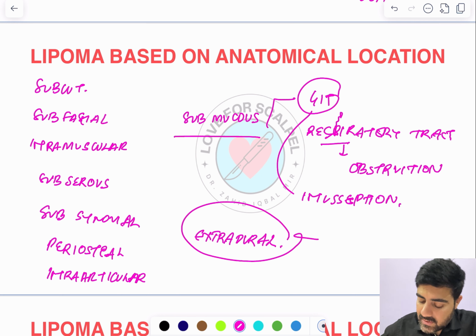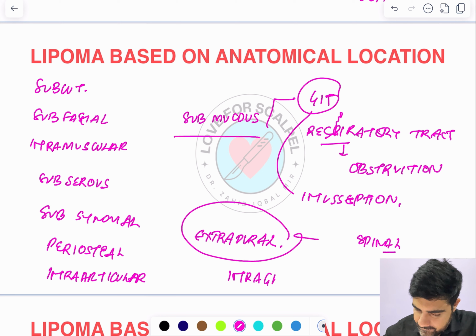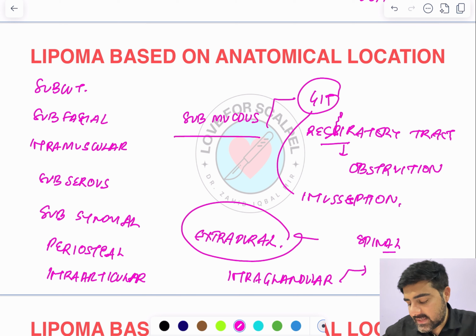Then besides we have intraglandular, which can be seen in breast, salivary gland, and pancreas. So these are intraglandular lipomas. These all are lipomas based upon anatomical location.